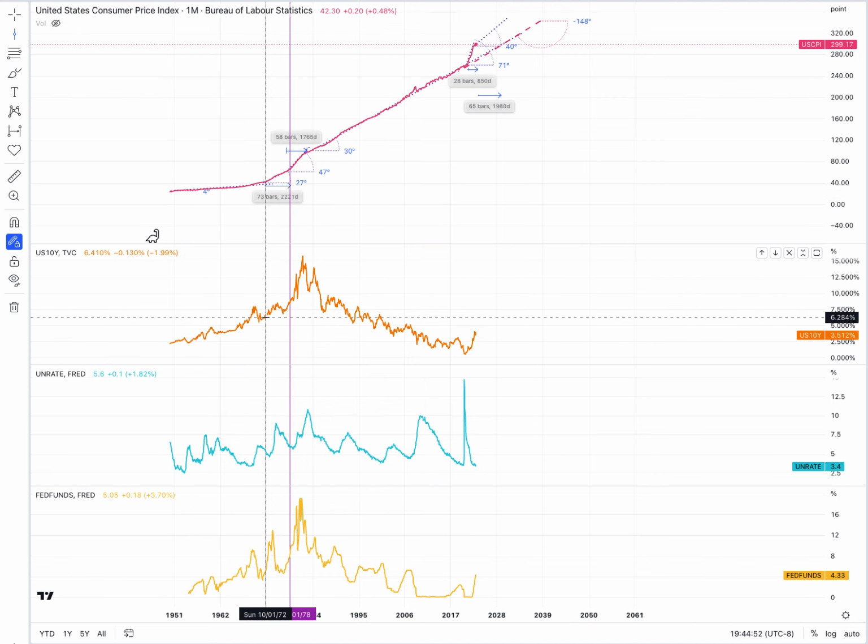The 10-year stays between 3.51, as you can see on the right in the orange, and 8.6. As for the Fed funds, the Fed started raising the interest rate about 1 year later. If inflation started around 72, you can see the Fed didn't start raising interest rates until 73, about 1 year later.